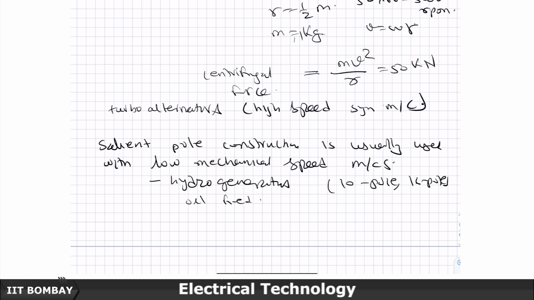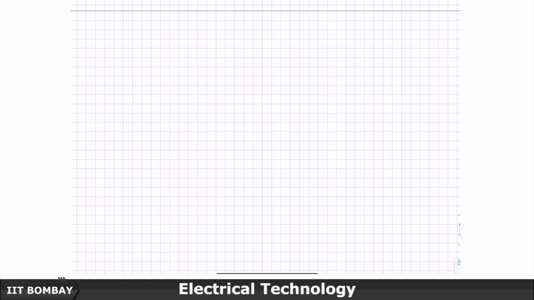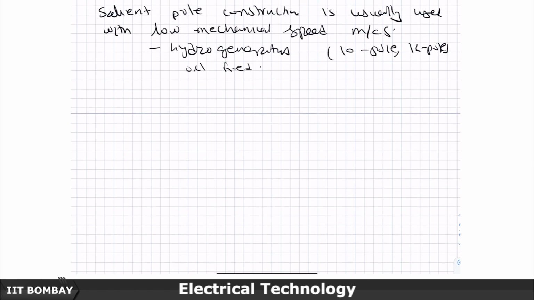So, what happens there is, for example, in a hydro alternator you have a reservoir at the high level, then the water flows down through the ducts or whatever, and at the bottom of the hill it picks up enough velocity, and then it impinges on the turbine, and the turbine rotates.